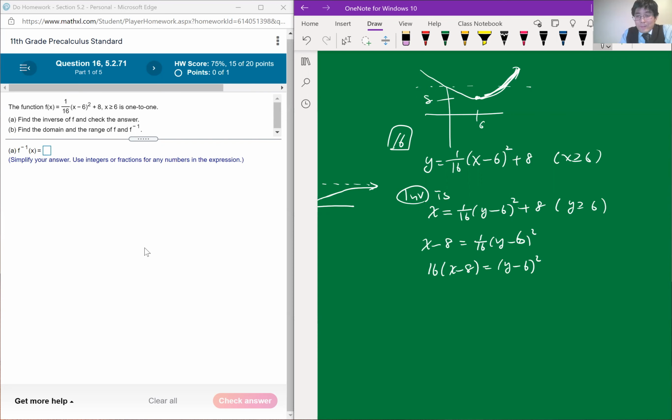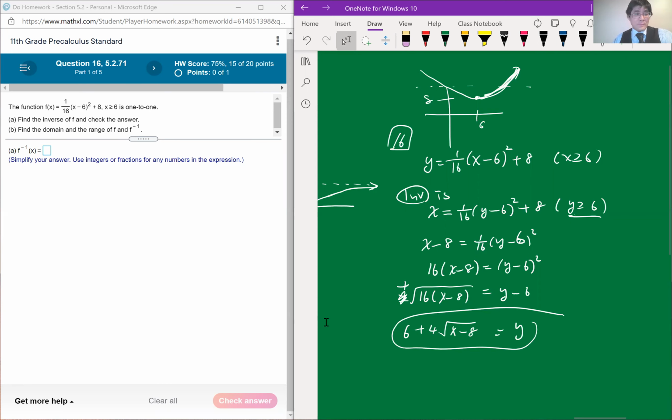Remove the square and add 6. When you remove the square, you're going to get plus minus. However, since y is greater than 6, this should be positive. So y is equal to 6 plus 4 square root of x minus 8.